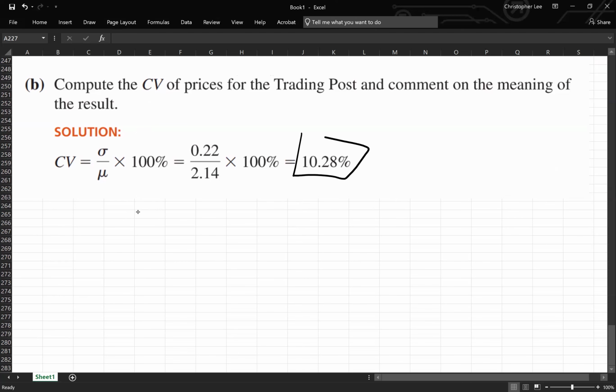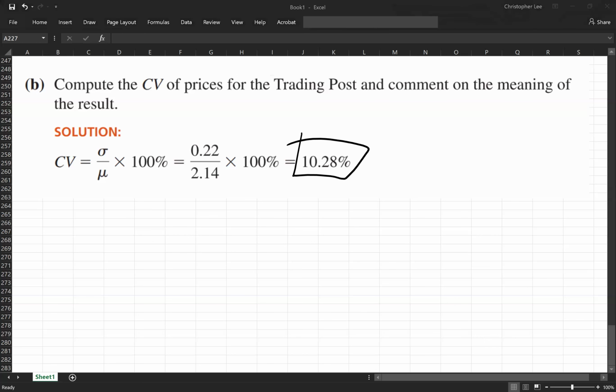So this would be my coefficient of variation, 10.28%. Please remember the percent. That's the reason why we multiply it times 100, because it's a percent. So, let's talk about what this actually means.